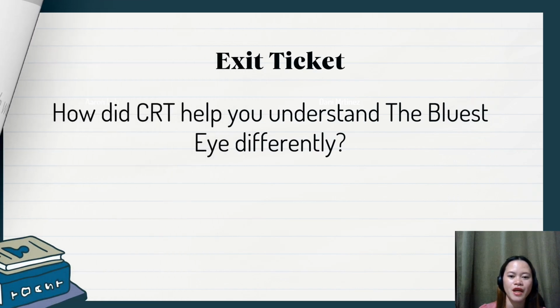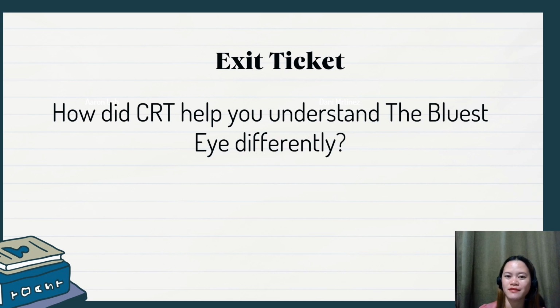Okay, thank you. Before we end our lesson, I have a question for you. How did CRT help you understand The Bluest Eye differently? Okay, you can raise your hand. Yes. Oh, very good. Another one, please.